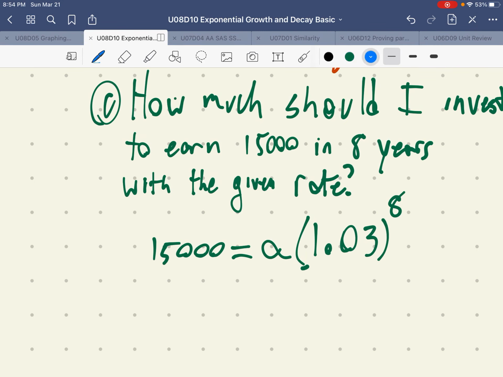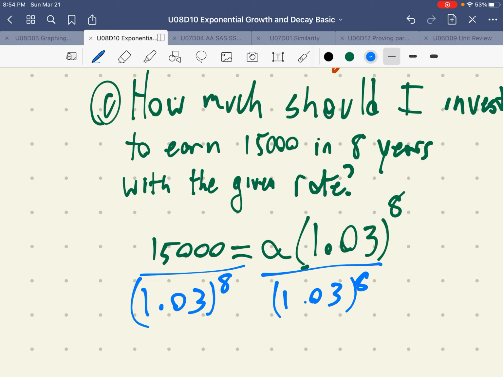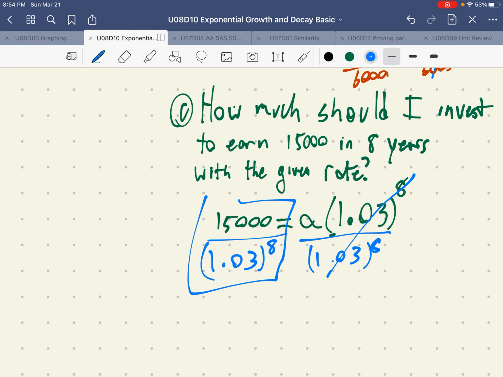So we're just going to try and solve for the amount that's missing in this case. The way we're going to do that is we're going to divide both sides by 1.03 to the 8th. These will just cancel out. And then we just have to type this in our calculator and we'll know the amount we should really invest instead of $6,000.